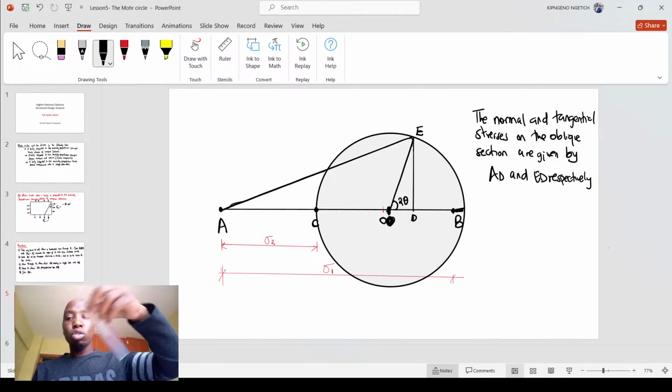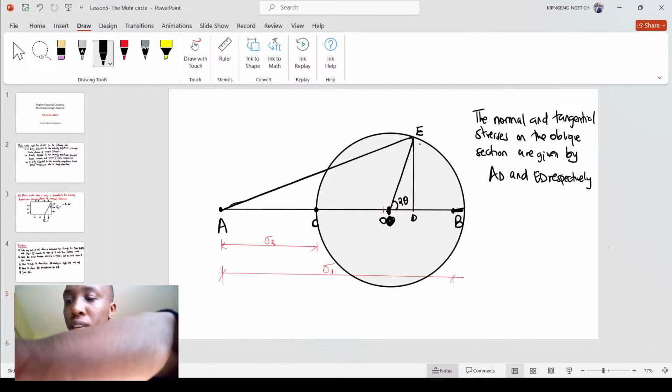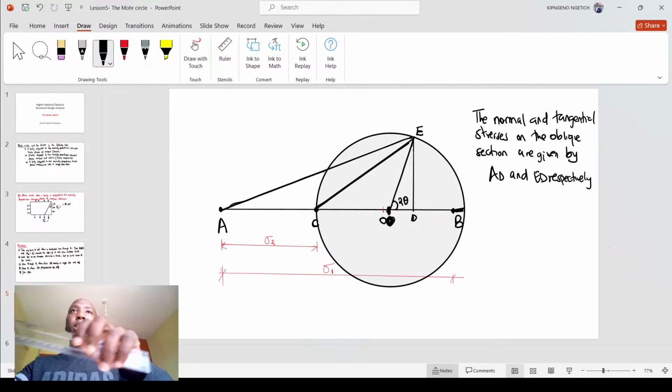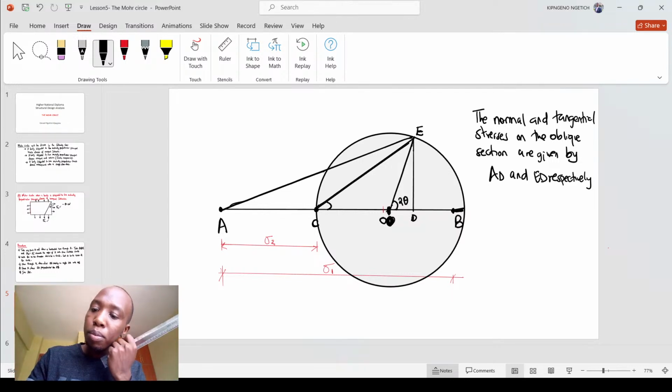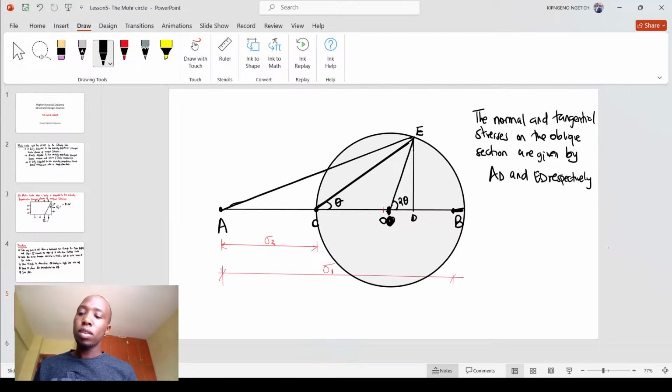You can also join CE to show you the angle theta. So this will be the angle theta that you are given from the oblique section. This will be the angle theta, CE.